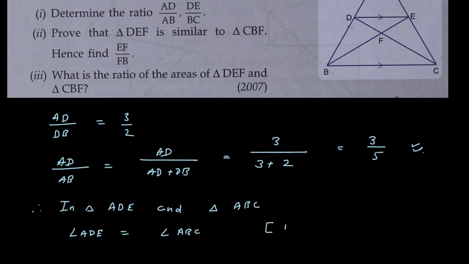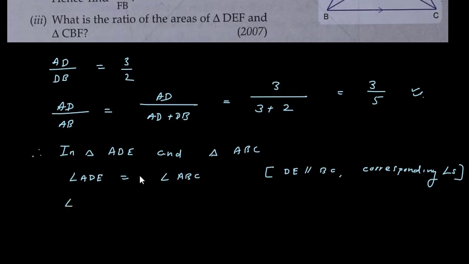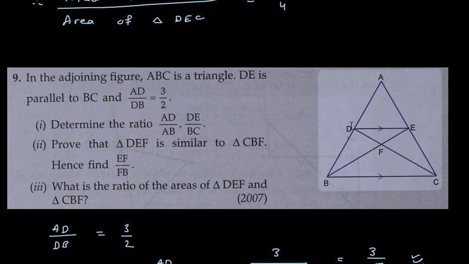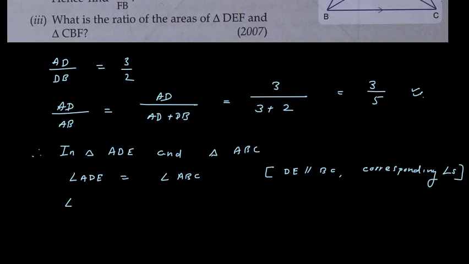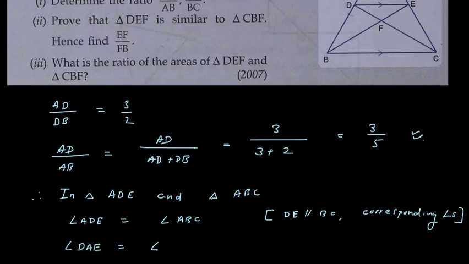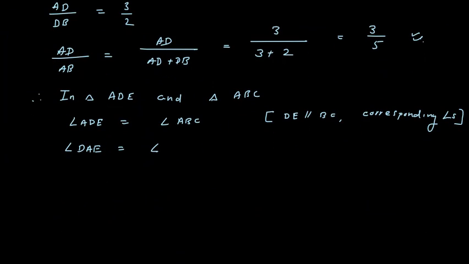The reason is that DE is parallel to BC and they are corresponding angles. So corresponding angles are equal. Second, you can see that angle A is common, so angle DAE is equal to angle BAC. The reason is they are a common angle.